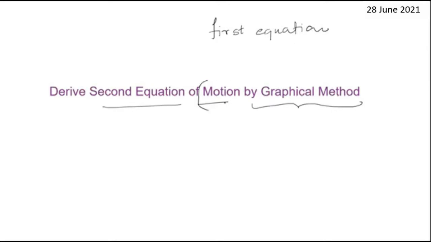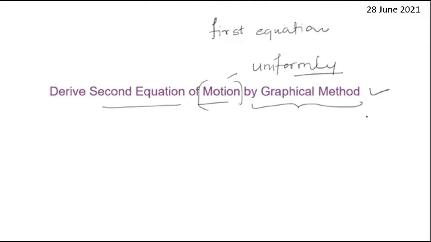Here when we talk about motion, it's a uniformly accelerated motion, right? And we have discussed in the previous video tutorials, please go through that, the meaning of what is uniformly accelerated motion. However, we shall see in detail how to prove this second equation of motion by a graphical method.